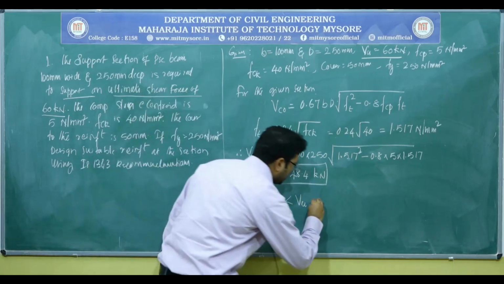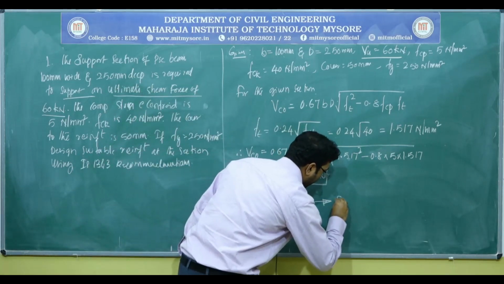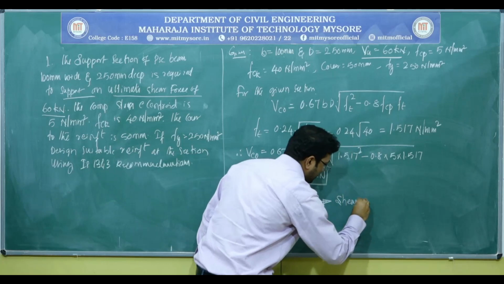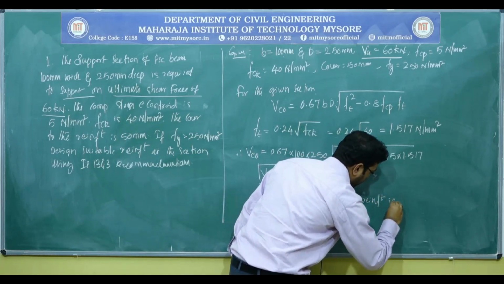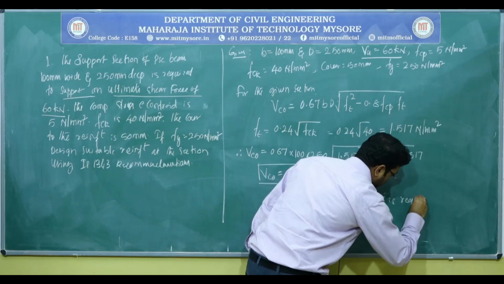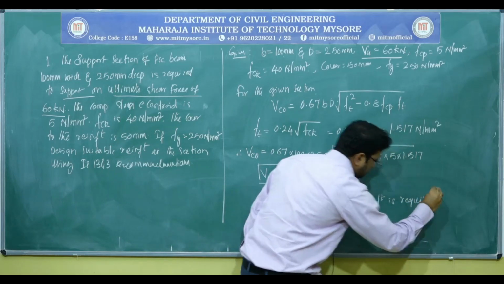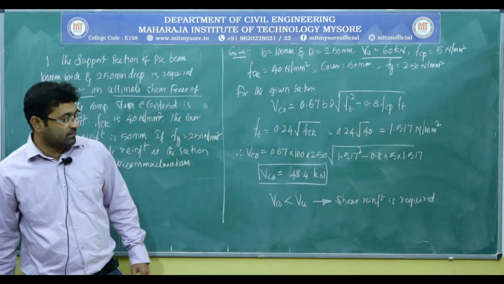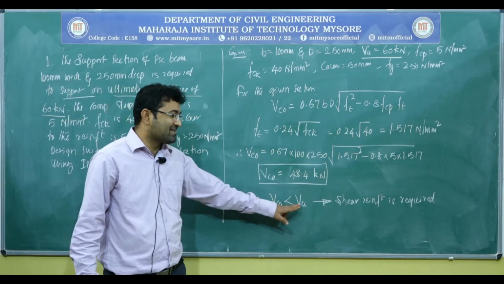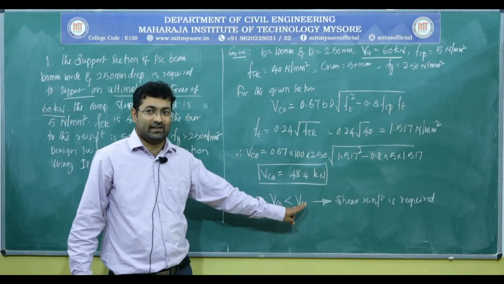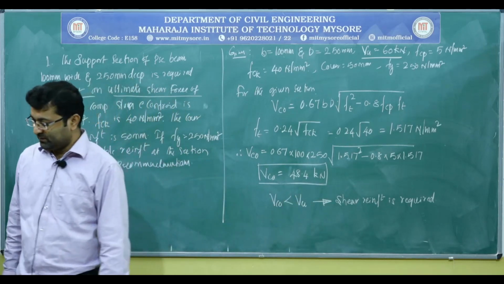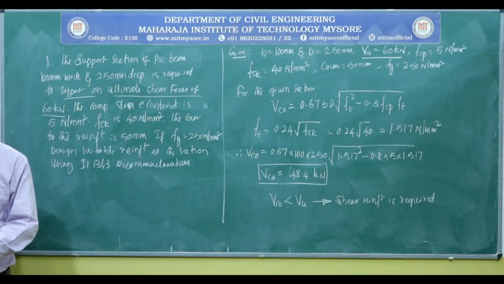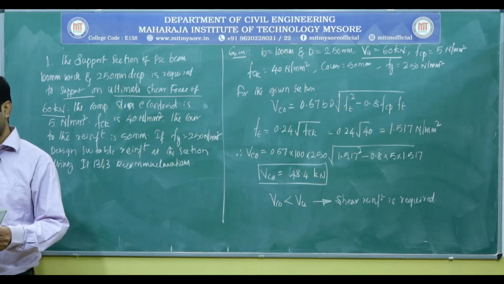So what is the decision here? Shear reinforcement is required, because the capacity is less than the actual acting shear force. So we need to provide the shear reinforcement. Okay.